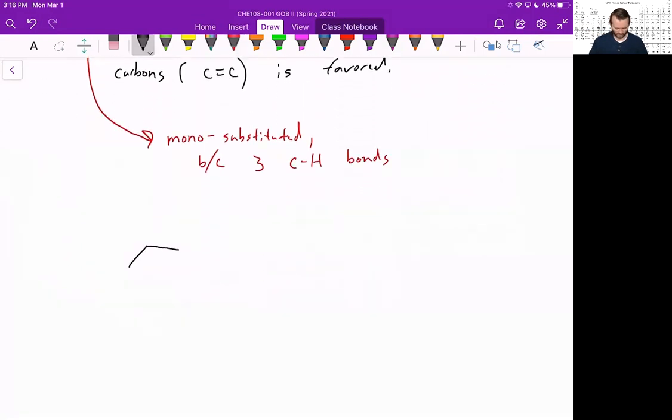One last example. For that alkene, we draw the implied carbon-hydrogen bond; it only has one carbon-hydrogen bond, so it is trisubstituted.